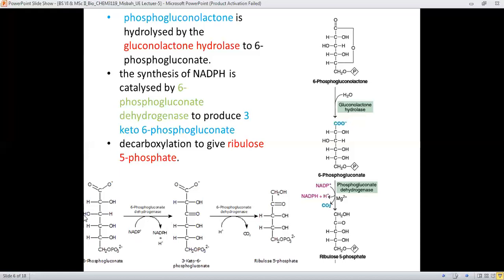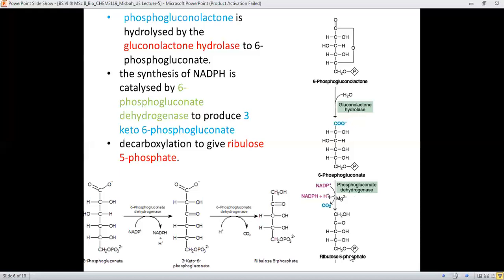This hydrogen is removed, a second hydrogen is removed, and it's changed into the carbonyl functionality. After this carbonyl functionality, this enzyme will further catalyze the reaction into the synthesis of ribulose 5-phosphate.